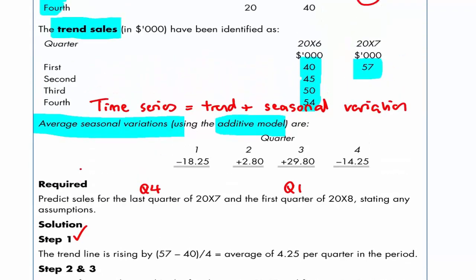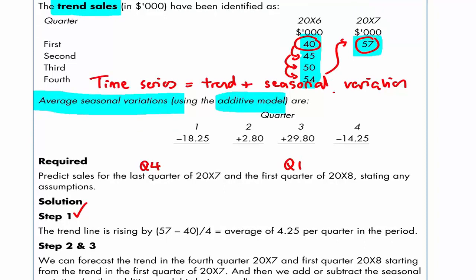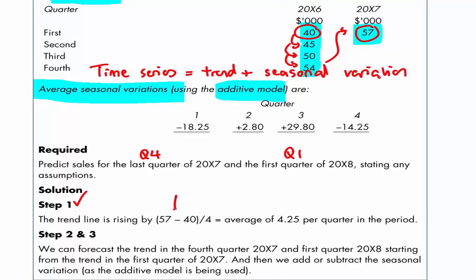Now we've got the trend figures here. The trend figures have risen to 57,000 from 40,000. And that's happened across 1, 2, 3, 4 quarters. So on average, we could say that the change in the trend is 17,000 over 4 quarters, which is an average of 4,250, 4.25 thousand per quarter.